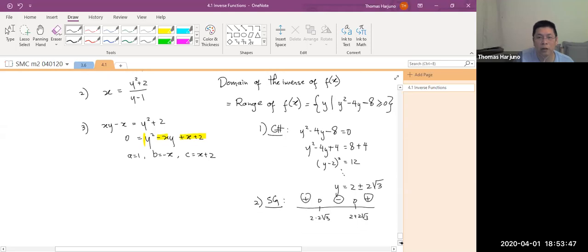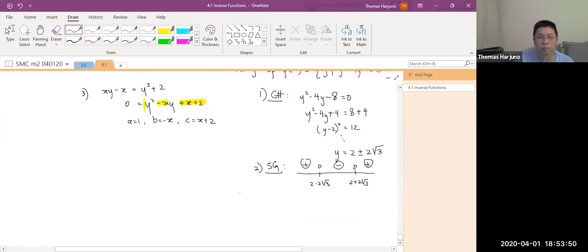I need the negative branch. So I will get negative infinity up to 2 minus 2 radical 3, union 2 plus 2 radical 3, comma infinity.